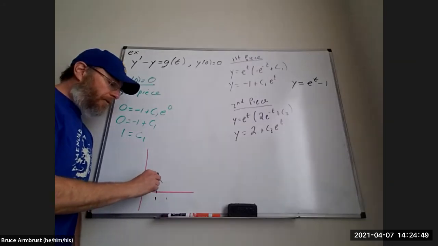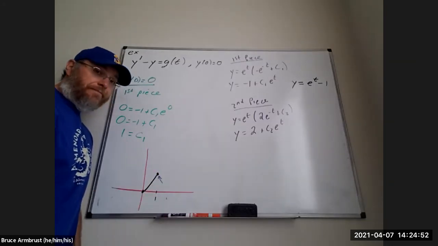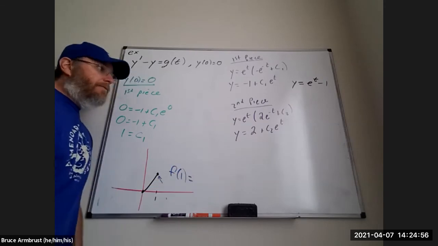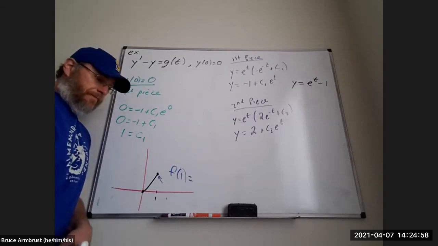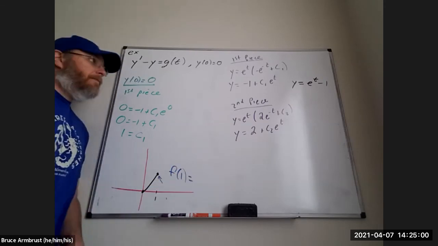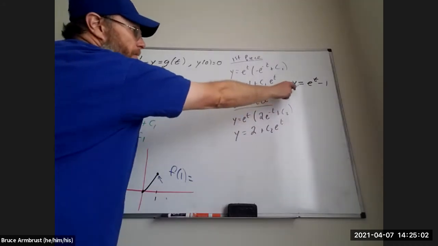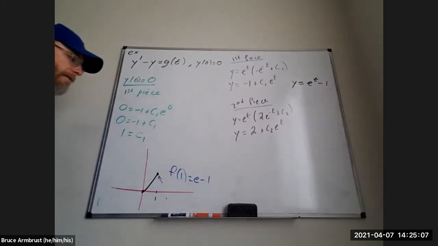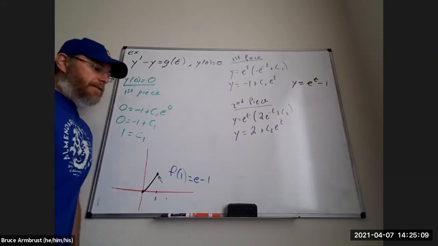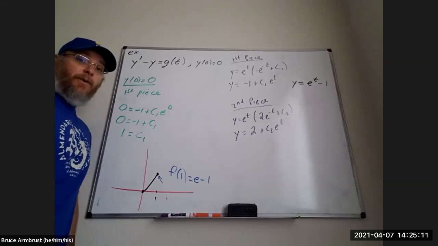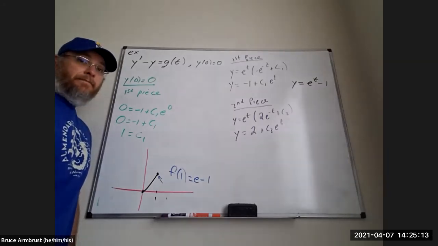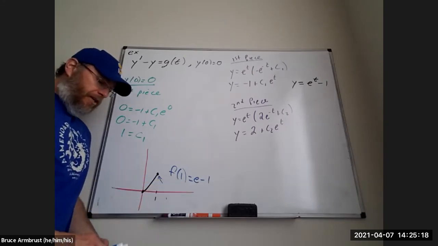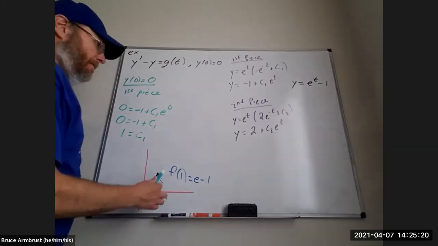So let's get this point right here. What is f of 1 going to equal? Well, if we go back to our function, it was e to the t minus 1. We know f of 1 is going to equal e minus 1. And this is going to be the initial condition for the second piece.